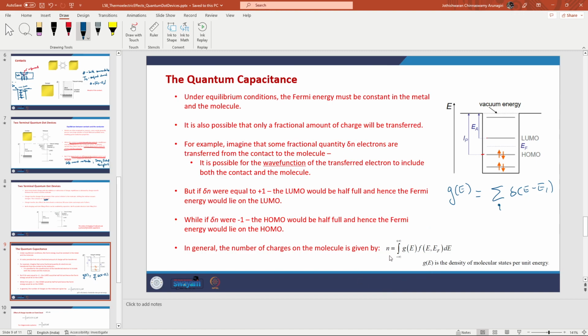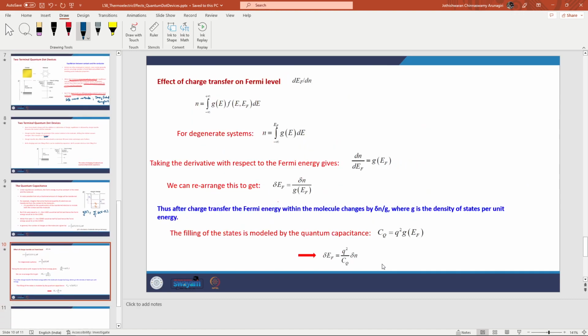And so again, depending on the relation between E and E_F, this quantity can either be positive or negative. And from that, we get the net energy that is transferred. And from that, we model the quantum capacitance, which is given by q squared times g at the Fermi level.